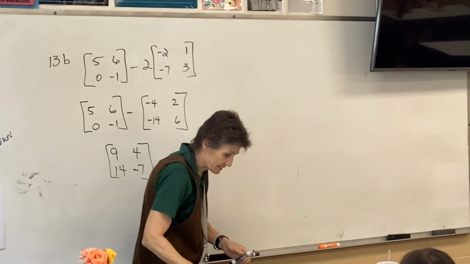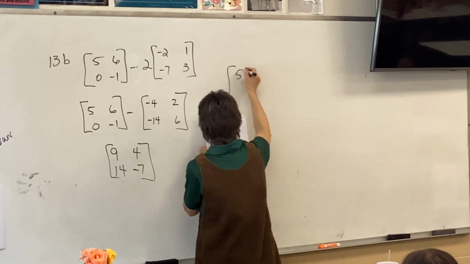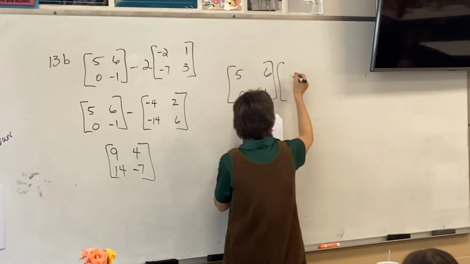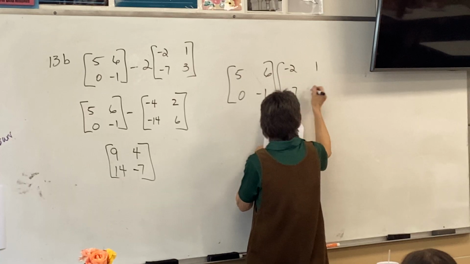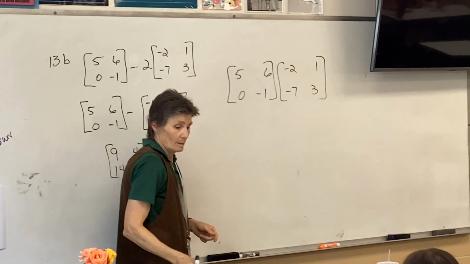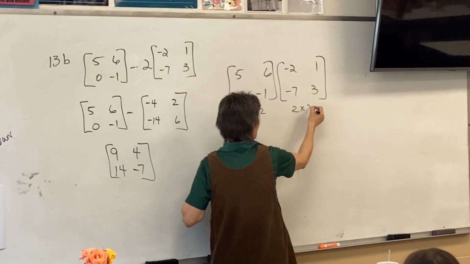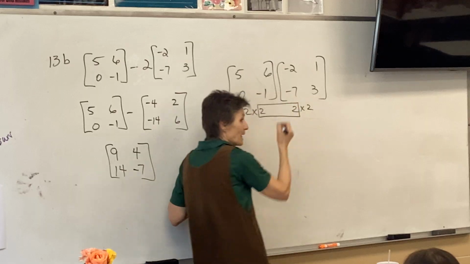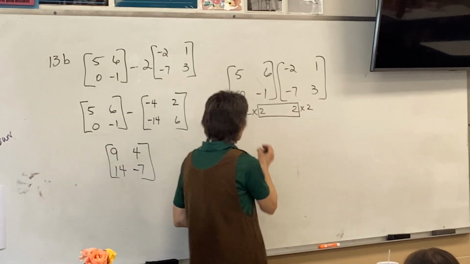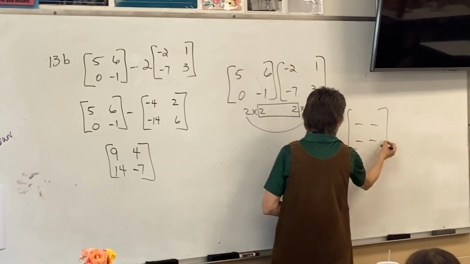Now, what about C? C is a multiplication. So do we remember how to multiply? So first of all, we gotta figure out if we can. And we can, remember that deal, those have to match. So we can multiply, and the answer will be another 2 by 2.